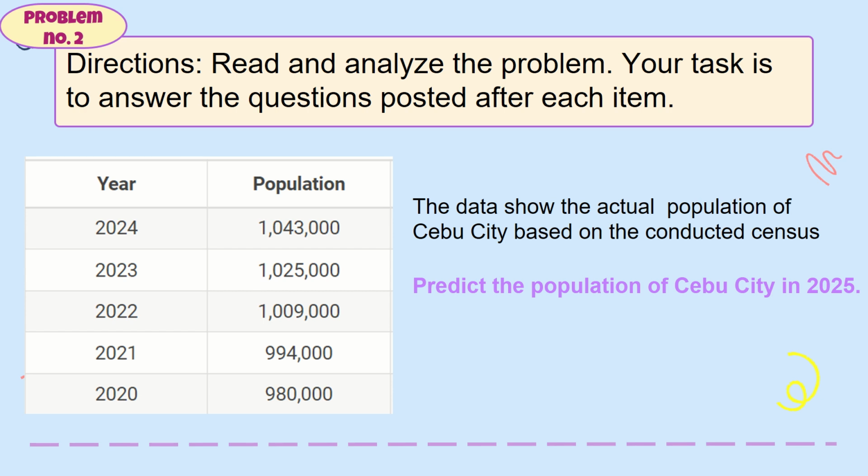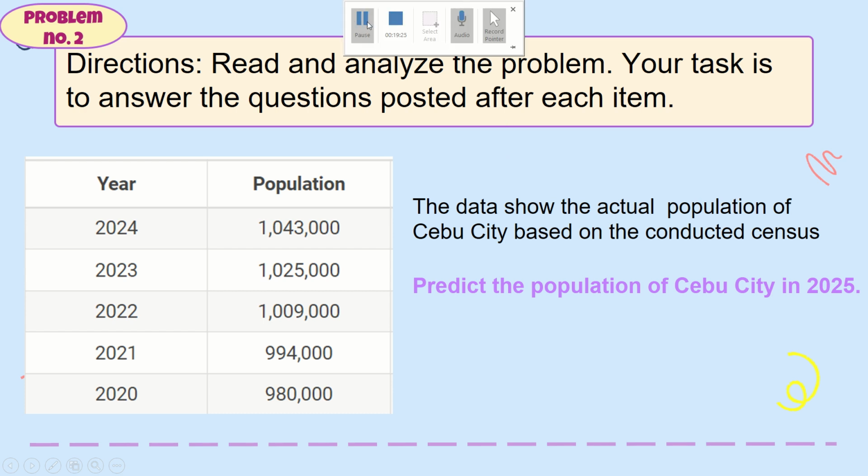What is a again? A is the y-intercept, b is the slope. Once you find the slope and the y-intercept, you substitute them in the formula y is equal to a plus bx. Then you will be able to substitute the independent variable, which this time is 2025. This time let us go and utilize Microsoft Excel.